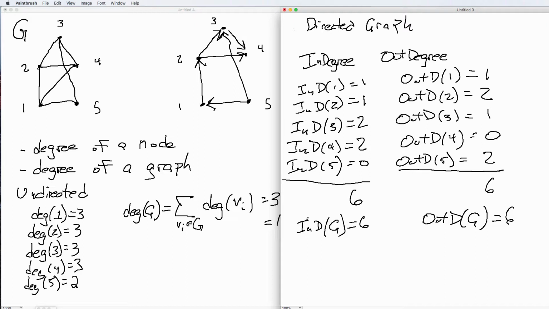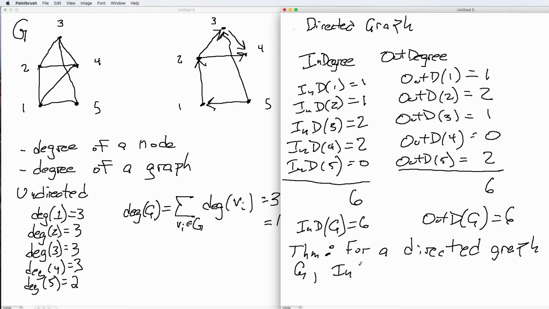And I think you should all be convinced we can make this a theorem. Okay, for a directed graph G, you're going to get that the in degree of G is equal to the out degree of G.